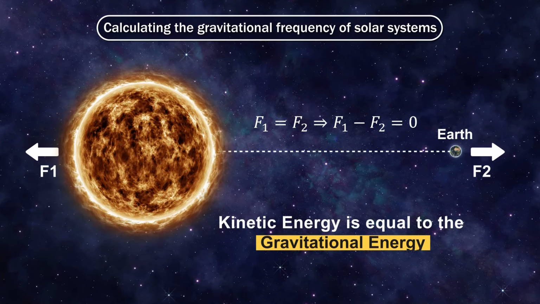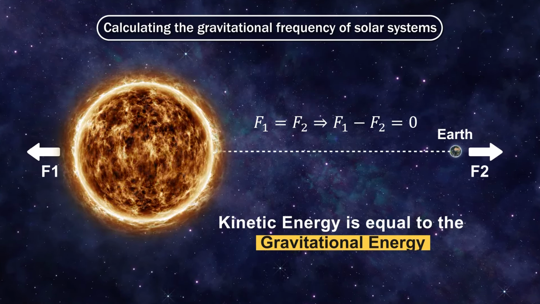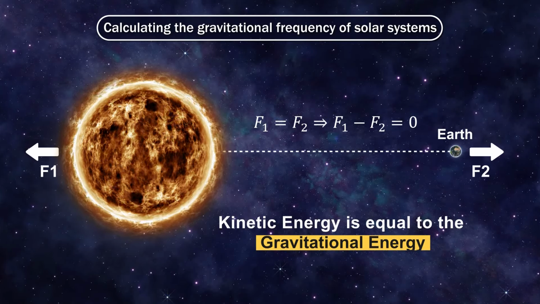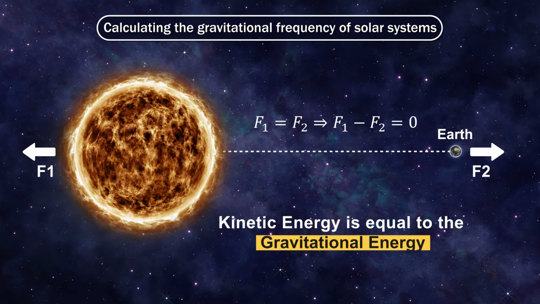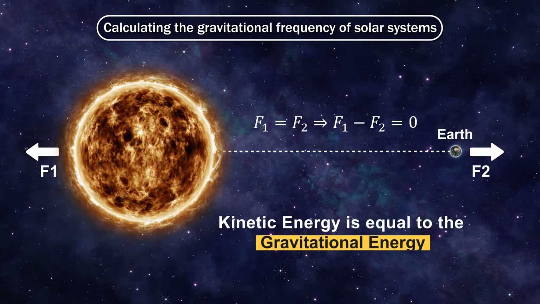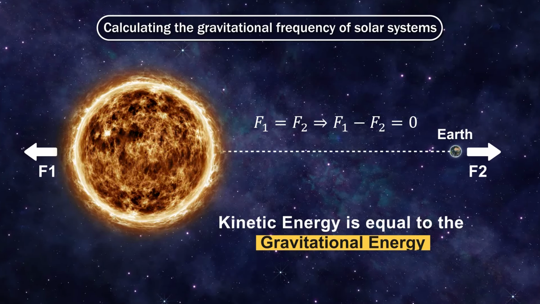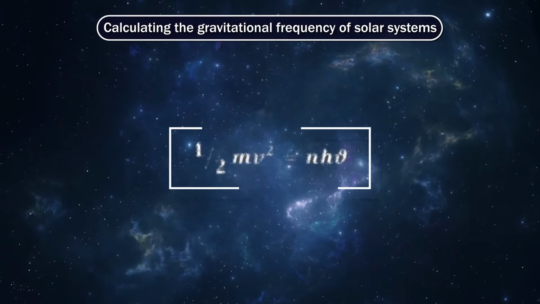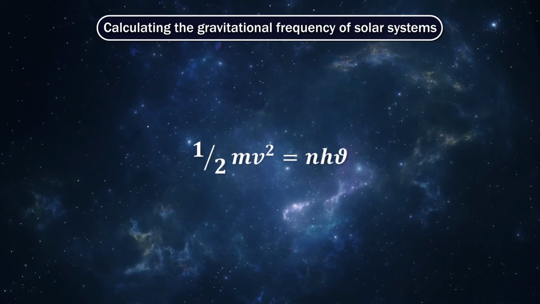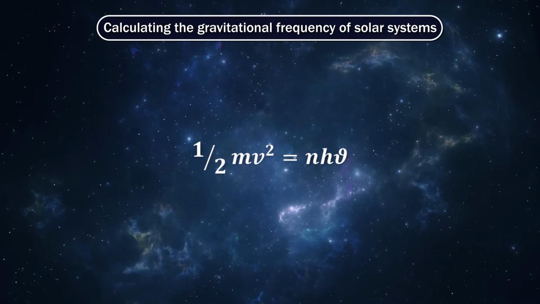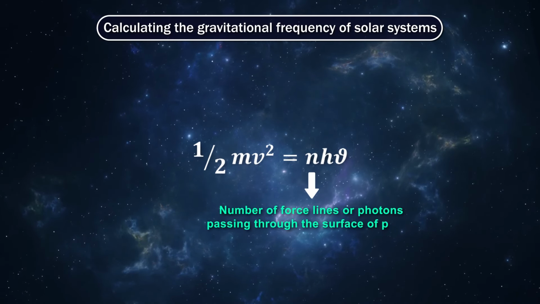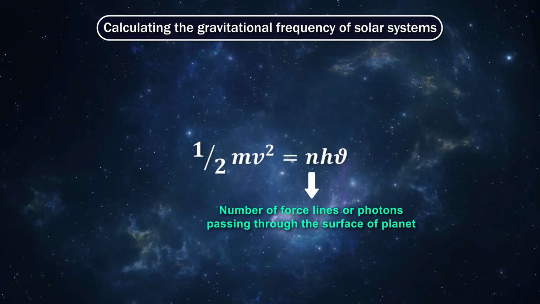Kinetic energy is equal to the gravitational energy. So, the relation between the energy of a planet and electromagnetic waves will be as follows, where n is the number of force lines passing through the surface of the planet.